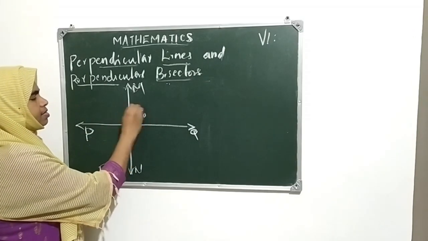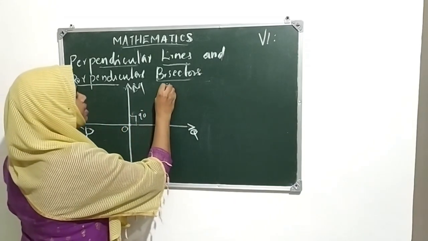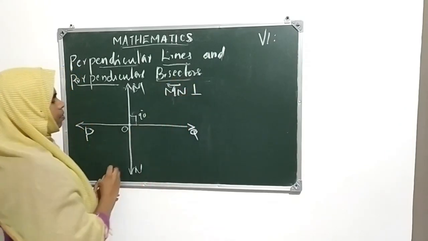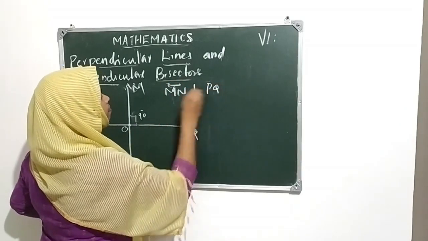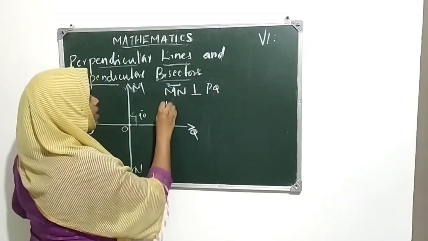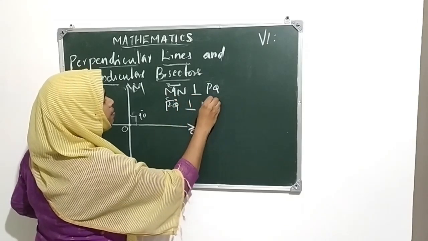So, we can write it as line MN perpendicular to line PQ, or we can say that line PQ perpendicular to line MN.